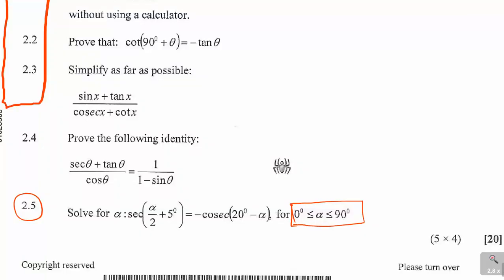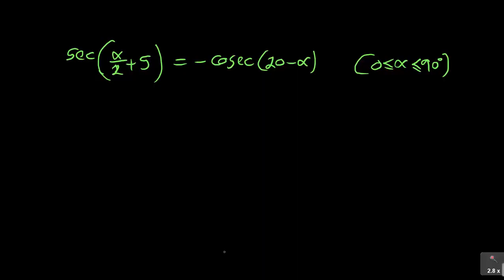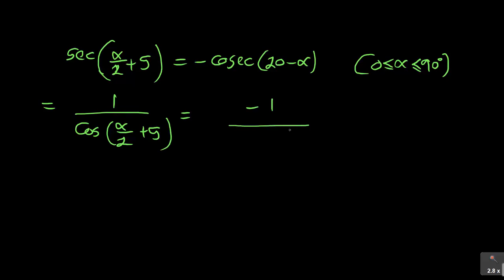So if I then solve for alpha here, what I'm given is, remember, sec is 1 over cos, so 1 over cos of alpha over 2 plus 5 degrees is equal to cosec, which is minus 1 over sine of 20 minus alpha.